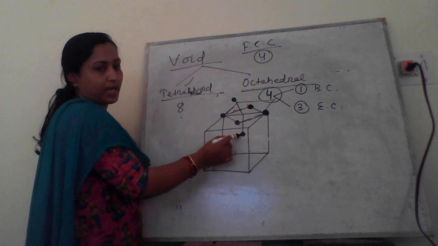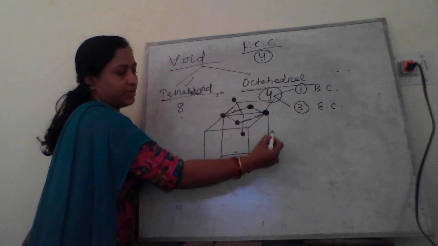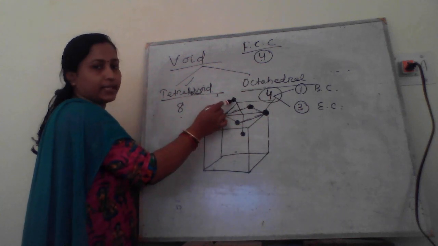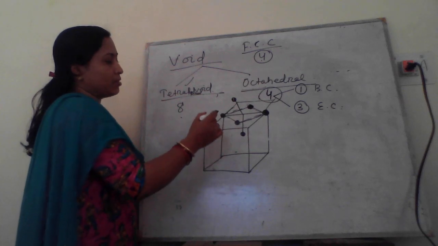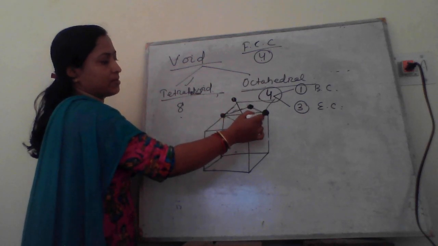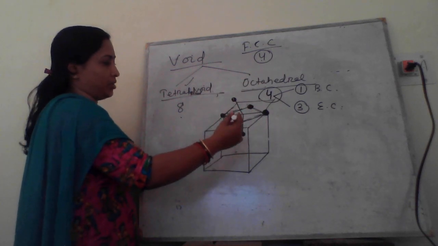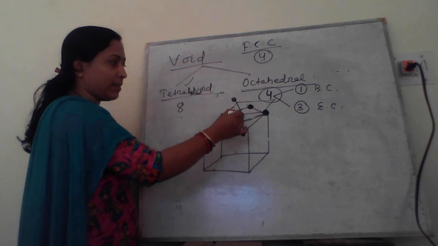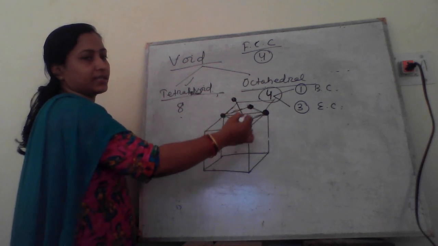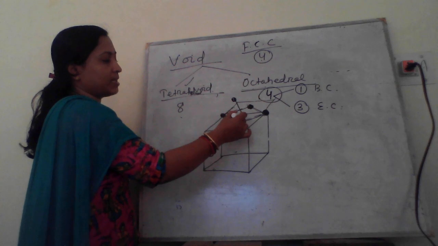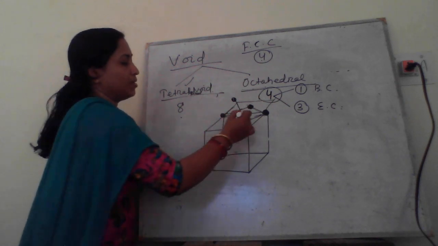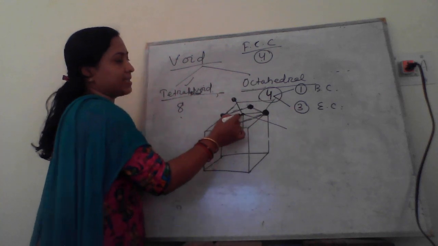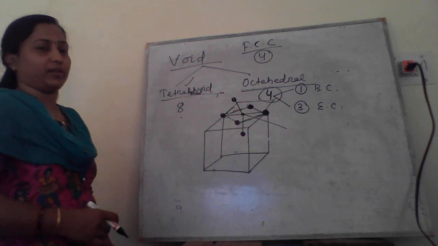Then this atom at the back face of this unit cell, and this atom is the back face of another unit cell. So these 6 atoms meet each other, and the central point of these 6 atoms is present at the edge of the unit cell. So this is the edge-centered octahedral void.